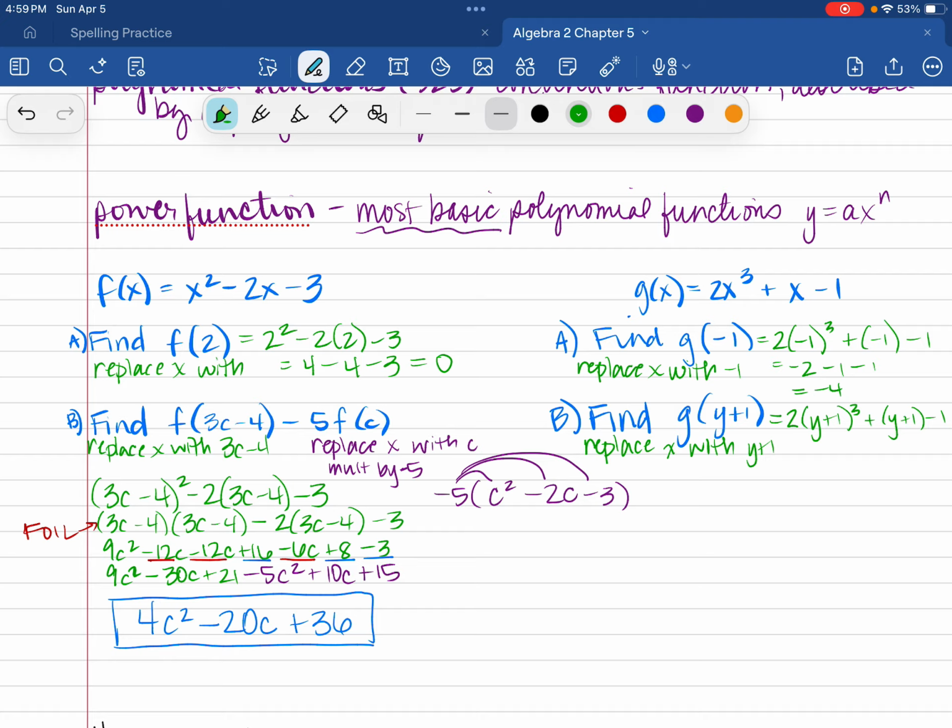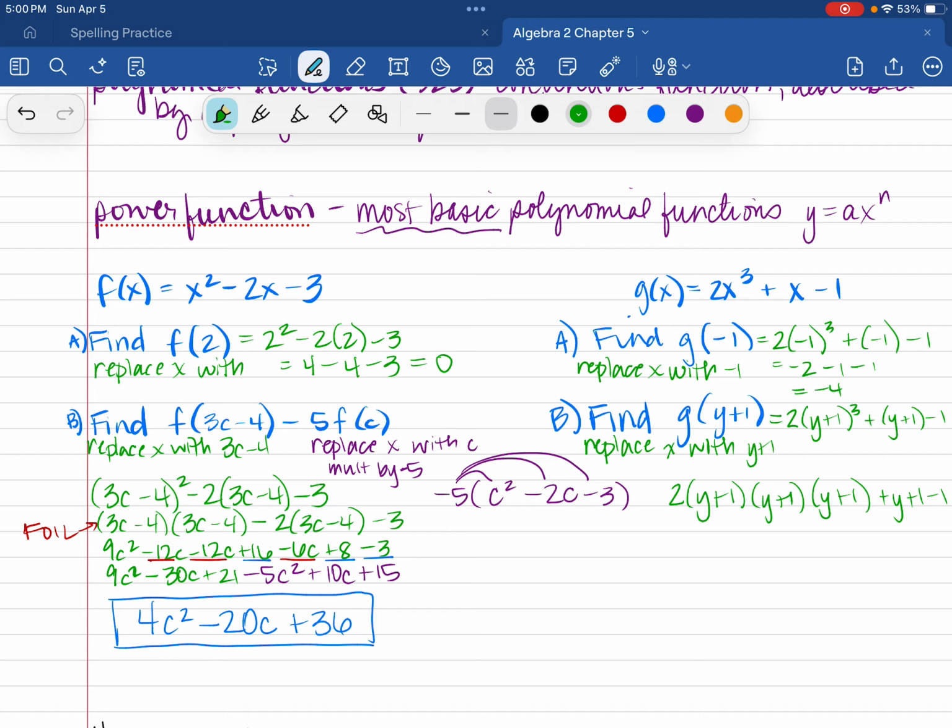So when we multiply this out, here we have to do this y plus 1 cubed first. So that means that I have y plus 1 times y plus 1 times y plus 1. In that second set of parentheses, they're actually unnecessary. I could just do the plus y plus 1 minus 1. And then we need to FOIL and then distribute some more.